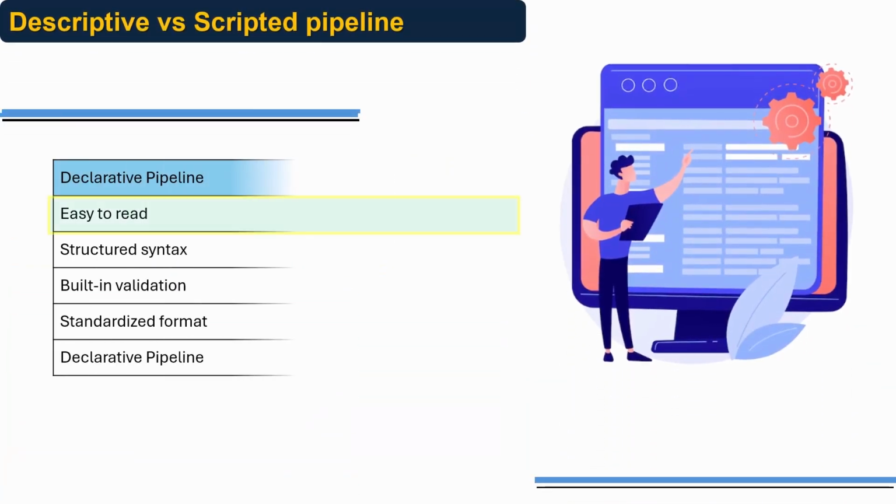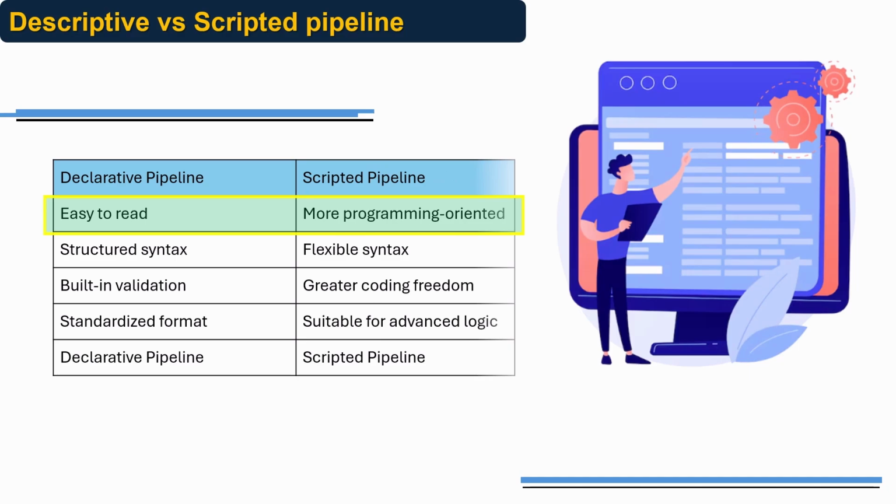Now that we know Jenkinsfile can be written using either declarative or scripted syntax, let's compare them carefully. Although both approaches achieve the same goal, that is automating a CI/CD pipeline, they are designed with different priorities. Let's begin with the first difference. The declarative pipeline is much easier to read. Its syntax is highly structured.